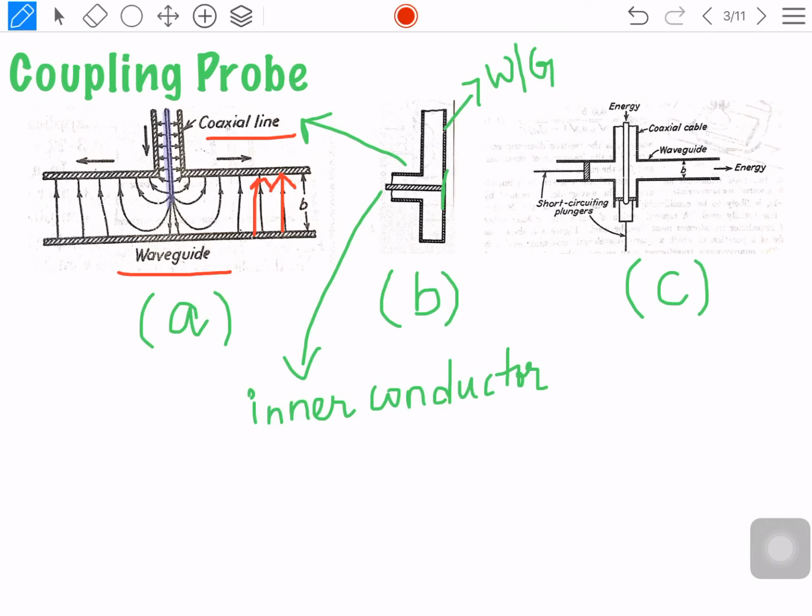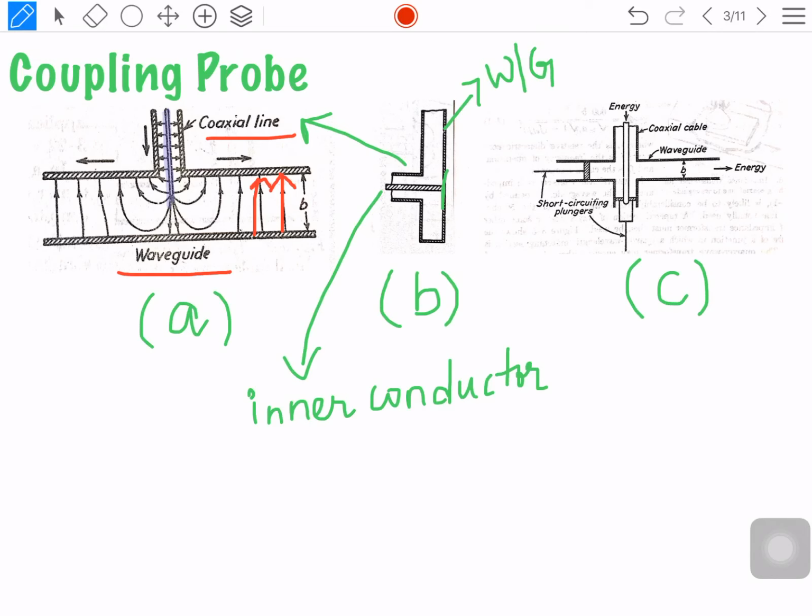These are the three different arrangements of how the coupling probe is used to couple a coaxial cable and a waveguide. The first one is a very simple one. We never bother whether the inner conductor is very flexible or not. In figure B, the inner conductor is extended till it touches the farthest wall of the waveguide.